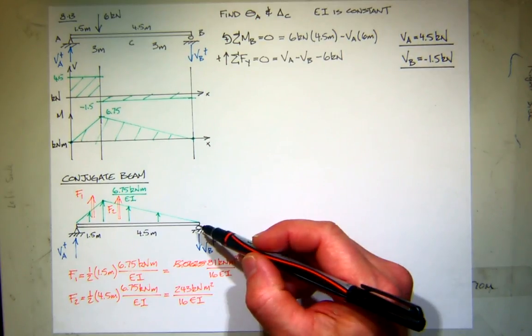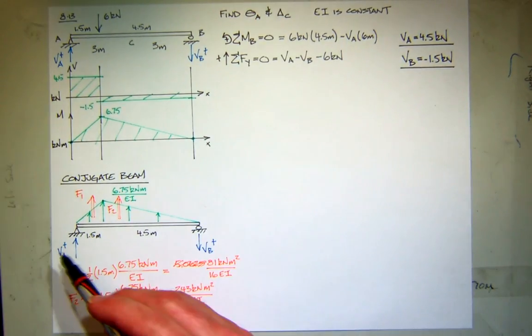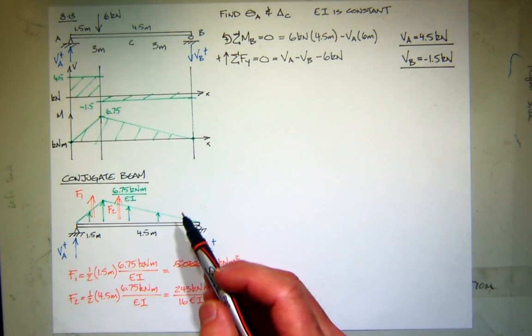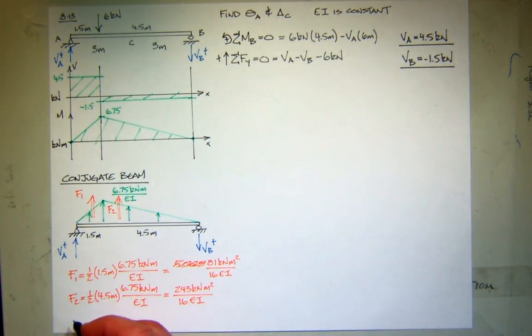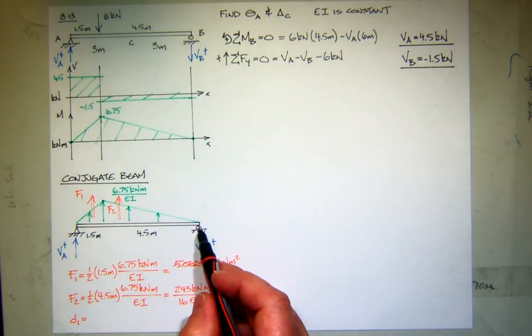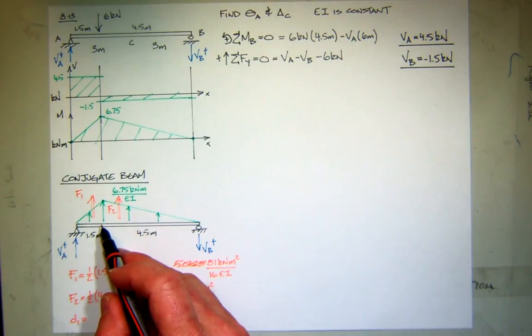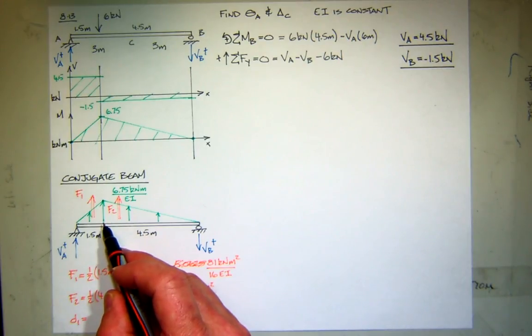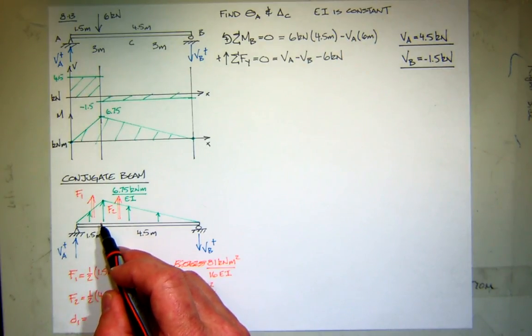Okay, I'm going to sum moments about B here to find my reaction at A_Y. So I want all my distances from B. So what is going to be the distance D1? That's the distance from B to this. So first I'm going to travel 4.5 meters to get here, and then how far to the centroid of this triangle? A third the distance, right?